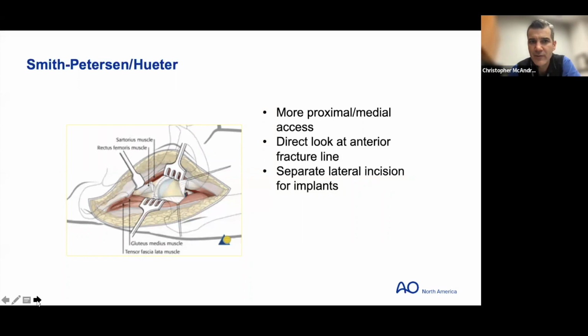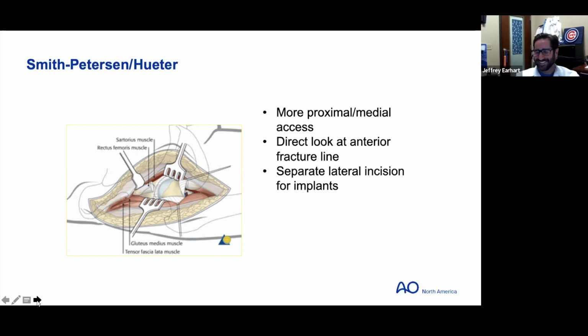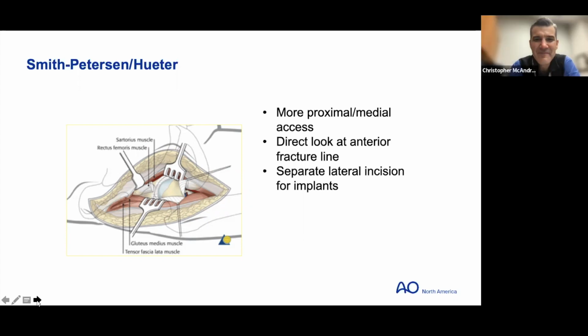Just to run through really quickly, the Smith-Peterson and the Hueter. Jeff, you'll have to tell me how I'm mispronouncing that, because I never really know. But anyway, the idea behind this is, imagine you're a little bit more onto the proximal part of the hip, and you can expose probably a little bit further, certainly onto the femoral head, a little easier than some of the other options.